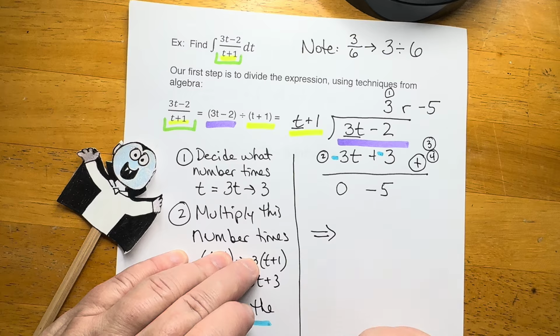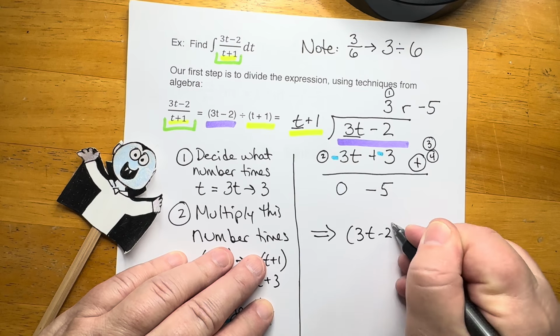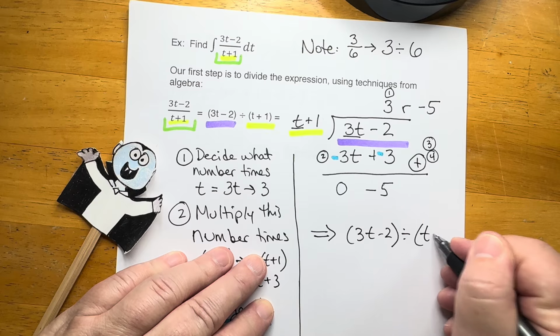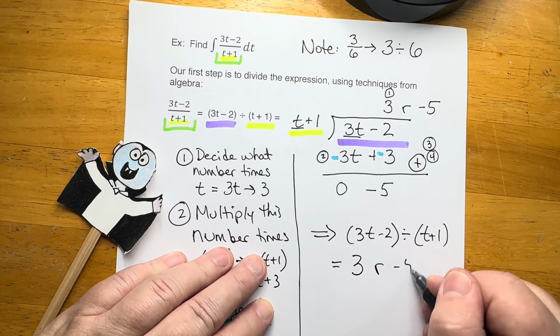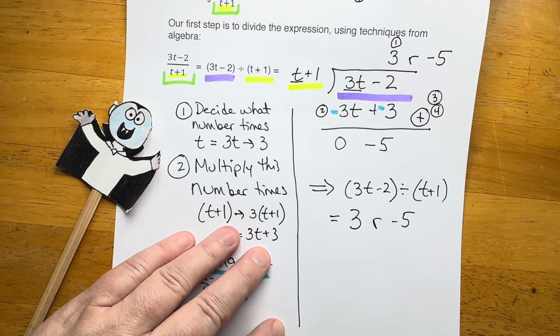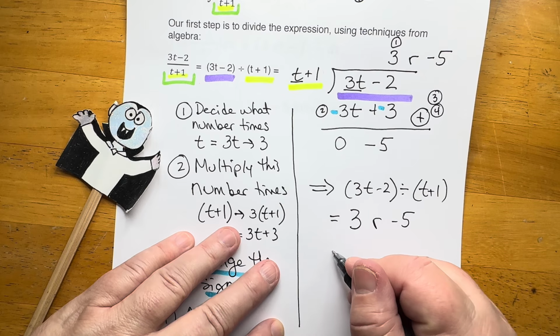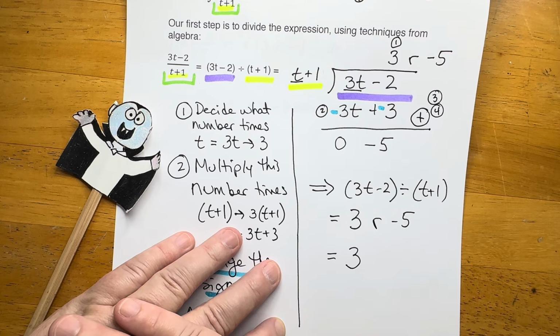Draw a line here so you don't read across. So 3t minus 2 divided by t plus 1 equals 3 remainder negative 5. Okay, so hopefully in your past you have done this long division and you know that a remainder just means you haven't finished.